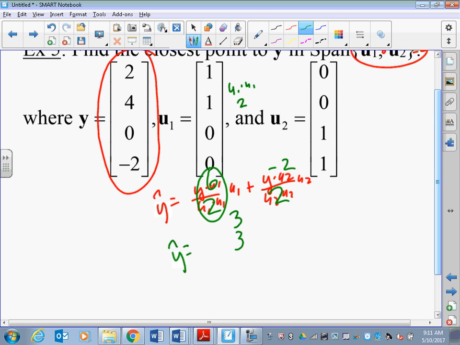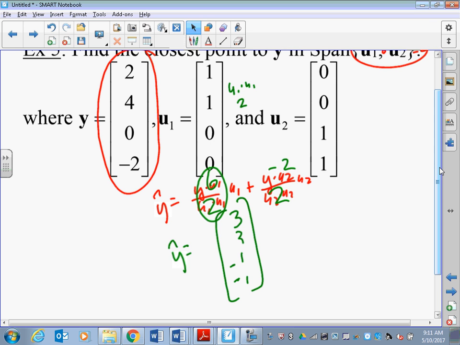Double checking my math on that. And now we have, hold on, 0 and -2, and -2. Okay? Oh, -1. So it's -2 over 2. So thank you for that. -1, -1. Okay? That's what y hat is.